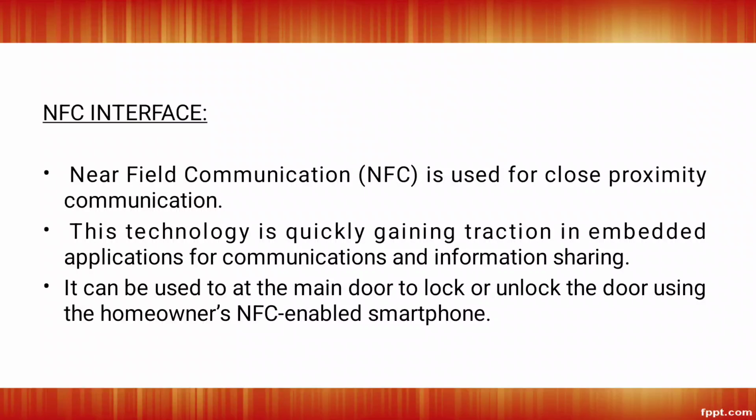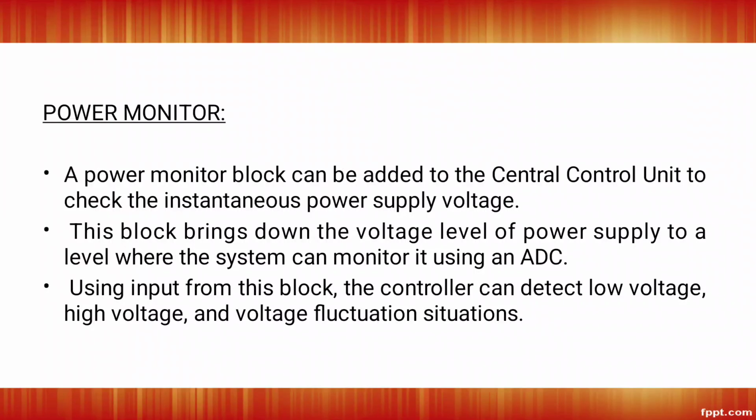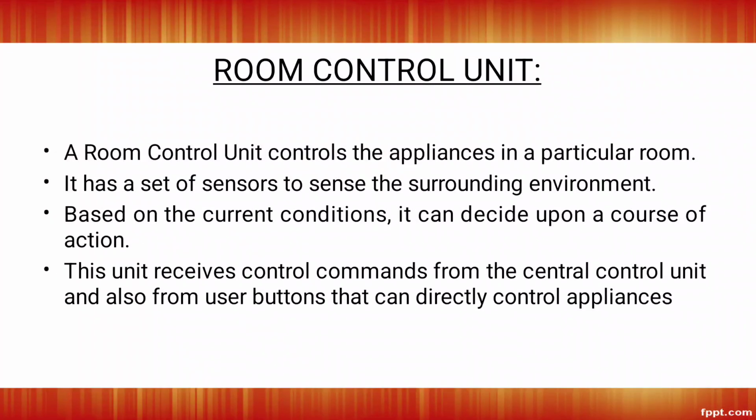Next is NFC interface, that is near field communication, used for proximity communication. The technology is quickly gaining traction in embedded applications for communication and information training. Next is power monitor. To check the instantaneous power supply voltage, this block brings down the voltage level of the power supply to a level where the system can monitor it using an ADC.